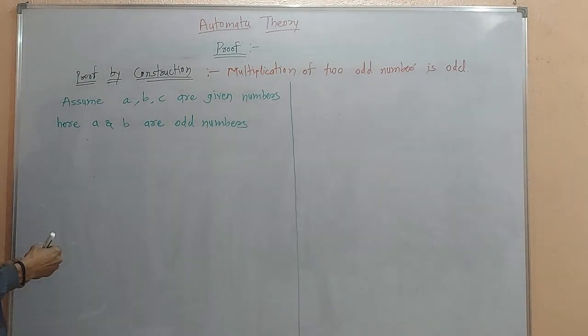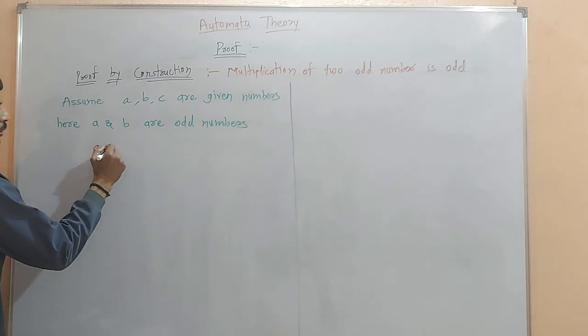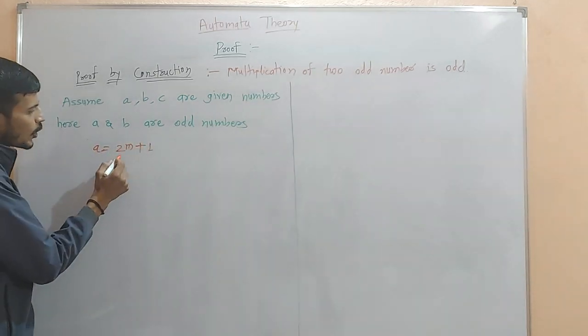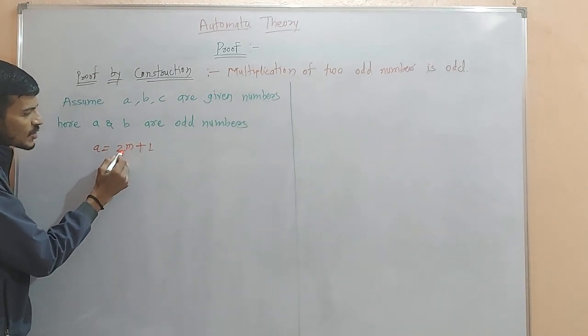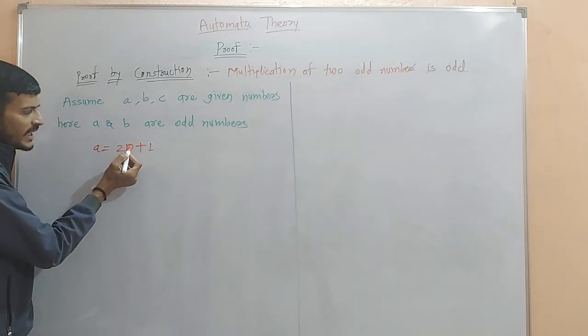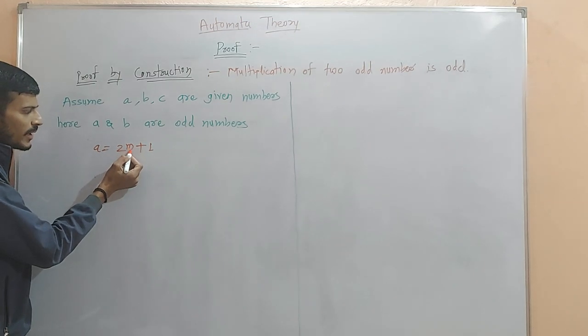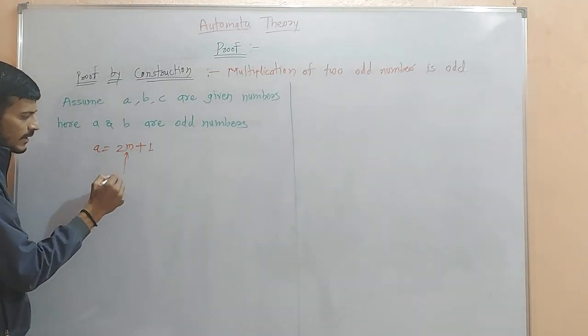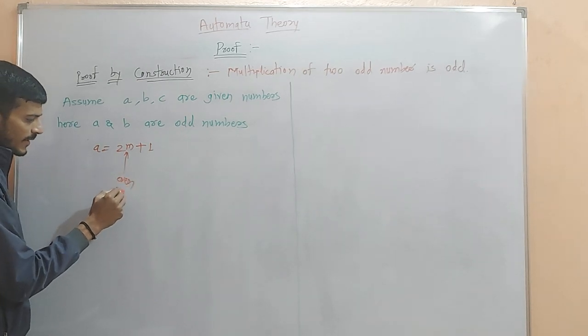I can write here A equals 2m plus 1. So what is the meaning of this? 2m means what? m is any natural number, and that number times 2 will be an even number. Am I right?